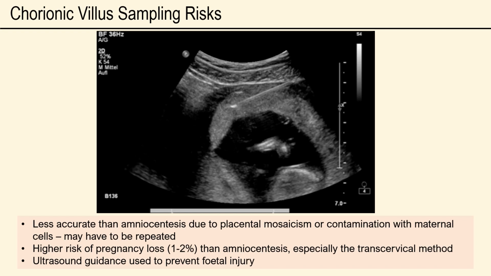There is also a risk of amniotic leakage, leading to something called oligohydramnios, infection, and fetal injury. Additionally, we could experience a false positive because of mosaicism. So the cells analysed are placental cells, and it is possible that those placental cells are not identical to the fetal cells.